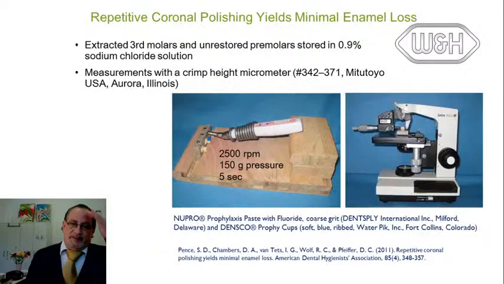So to measure whether there is really a decisive loss of enamel due to polishing, Pence et al. used this experimental setting to check whether polishing with 2,500 rounds per minute and a pressure of 150 grams over a time of 5 seconds would lead to enamel loss.